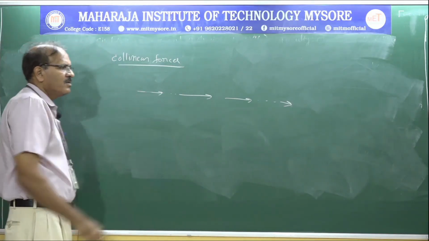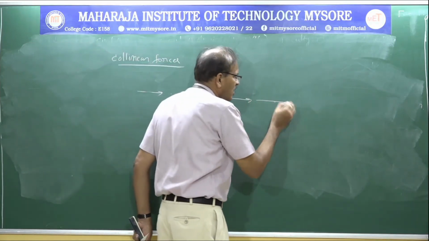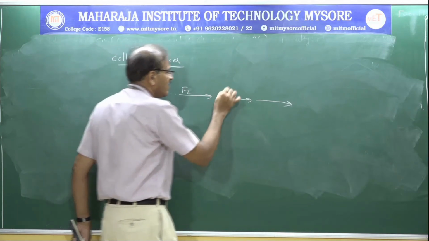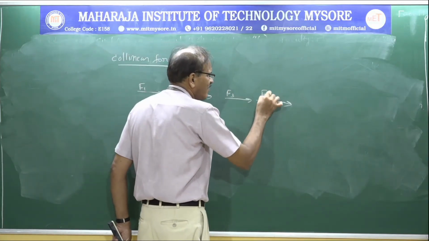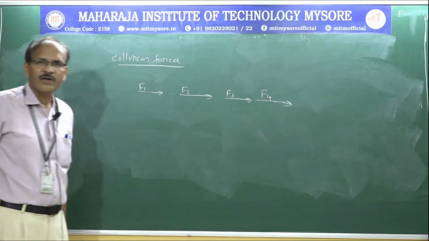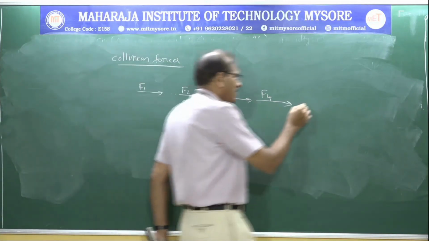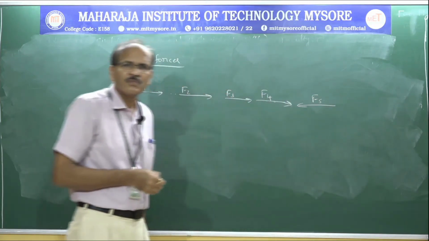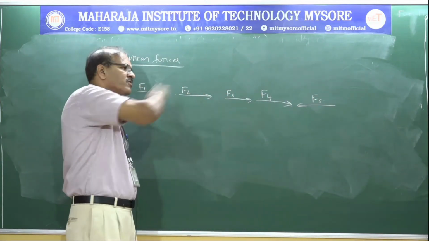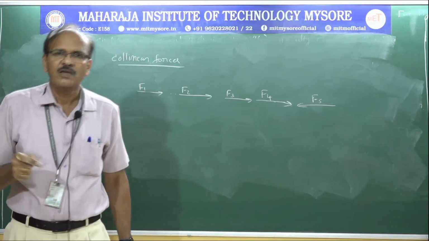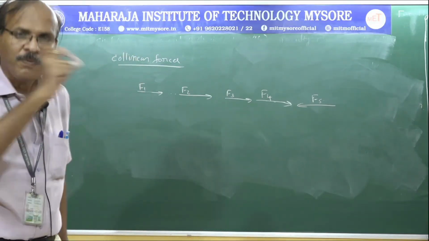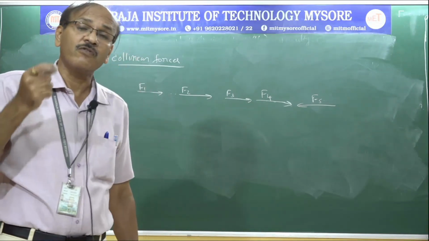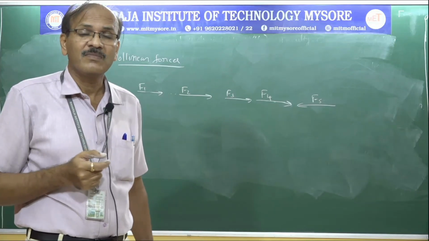If you look here, these forces are acting in the same direction. And if I take another force, this may be acting this way. Again, all these forces combined together form a coplanar, collinear force system.